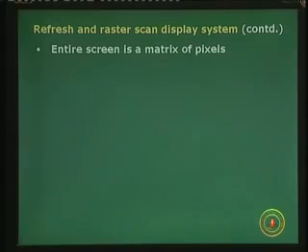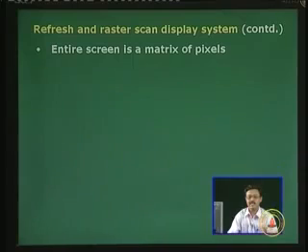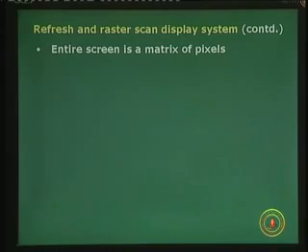Well, a few other points. Another important point, which is a distinguishing fact between the refresh raster scan display systems on one side and the line based display systems on the other: the random scan, calligraphic, or DVST are essentially line plotting commands, stroked, vectored, or lined. In this case, it is point based. So, when we are talking of points, we have to visualize that the screen in the case of a refresh raster scan consists of a matrix of points, or what are called integer pixels, or simply pixels.